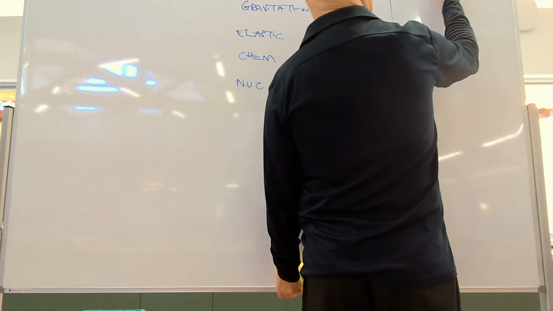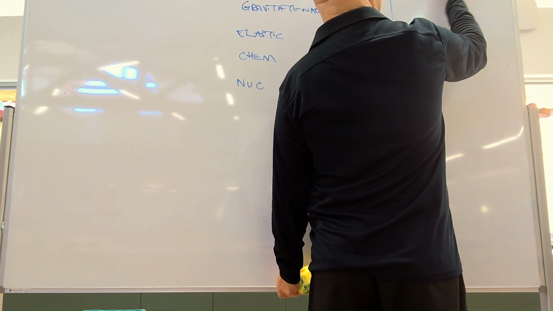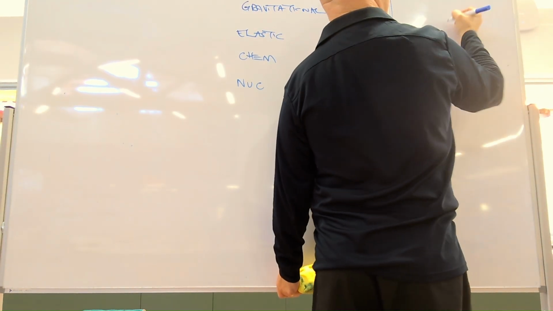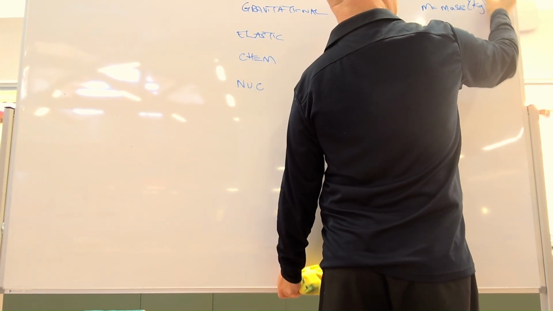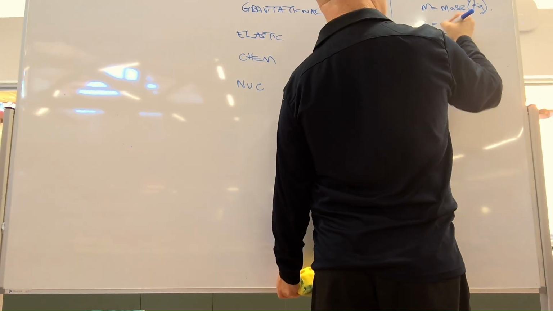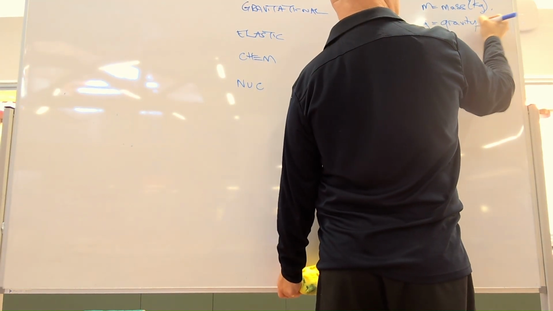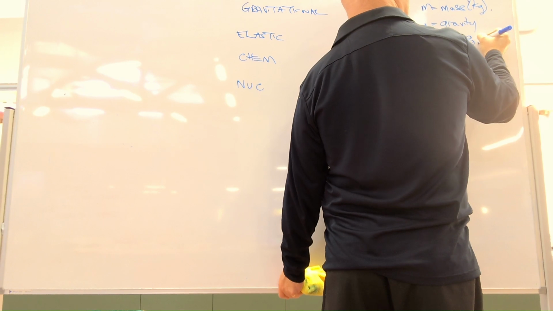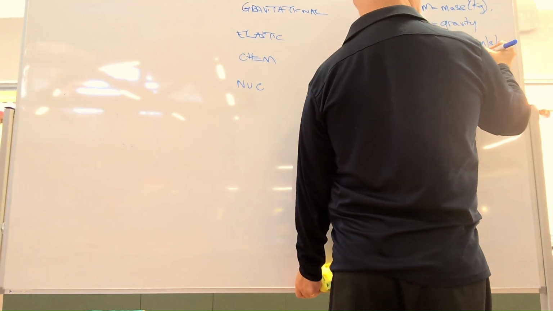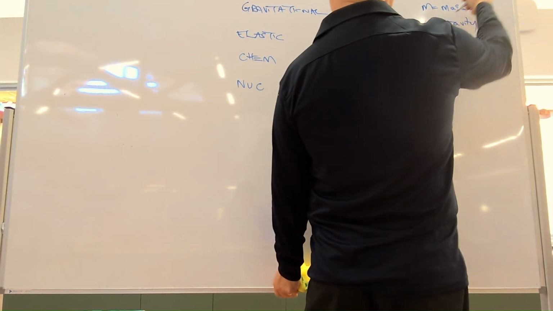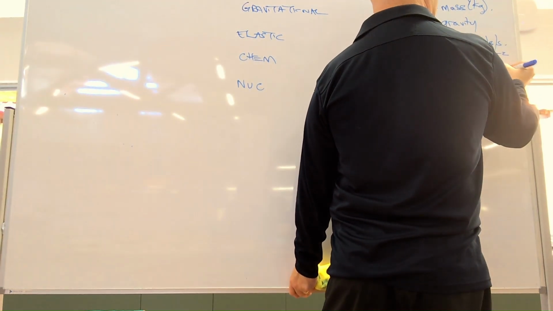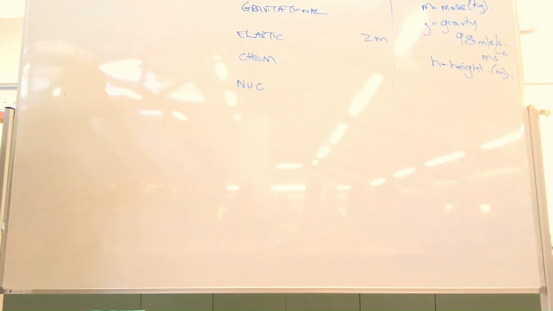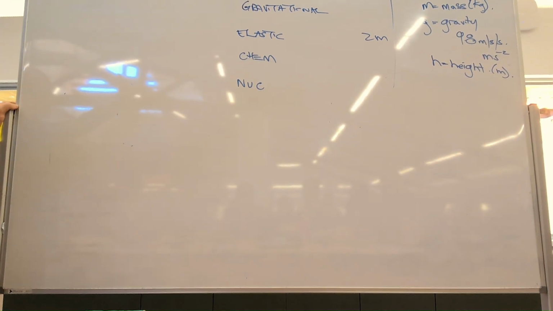You're given the equation: GPE equals mgh, where m is mass in kilograms, g is gravity, which on Earth is 9.8 meters per second squared, otherwise known as ms^-2, and h is height in meters.